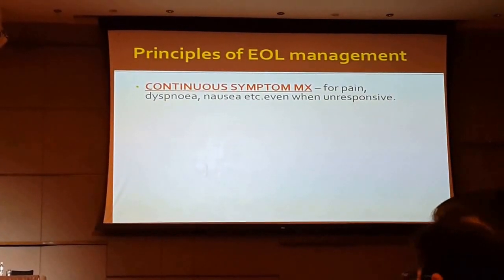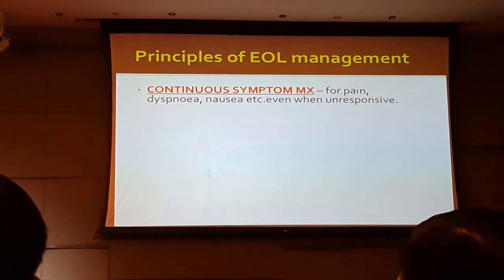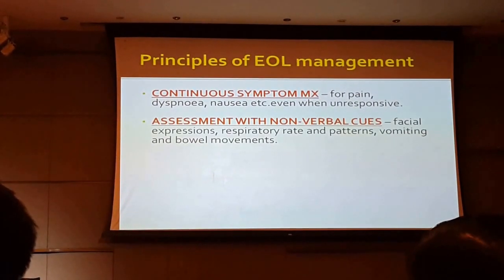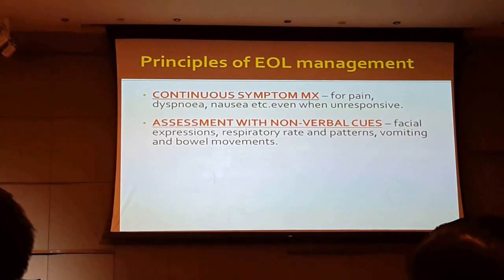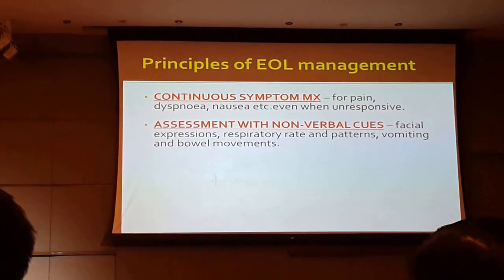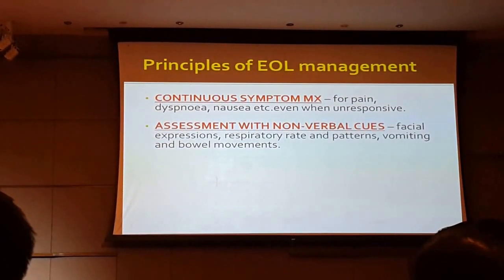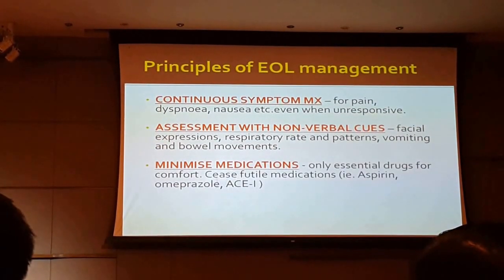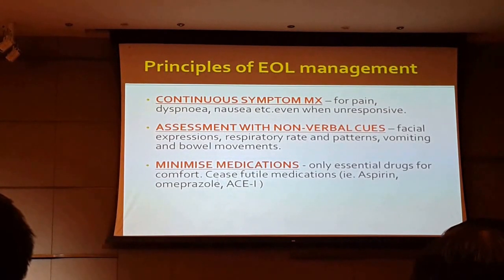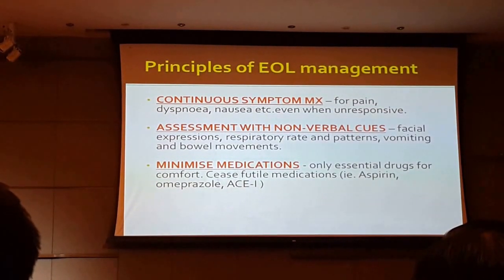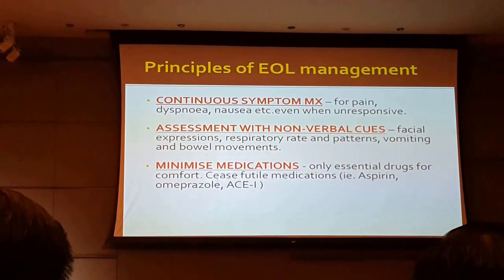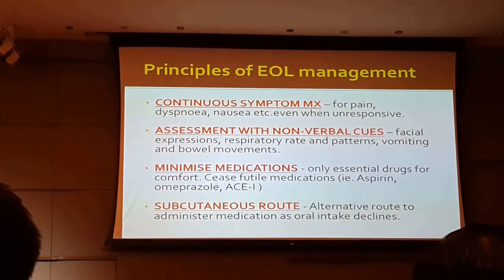Don't underestimate the fact that the pain is still there, and they should continue with their pain medications. We would have to assess using non-verbal cues, because you can no longer communicate well with them, so looking at their facial expressions, their respiratory patterns and so on, and minimizing medications, using only drugs that are meant for comfort, and we should cease futile medications like aspirin, omeprazole, ACE inhibitors and things like that.